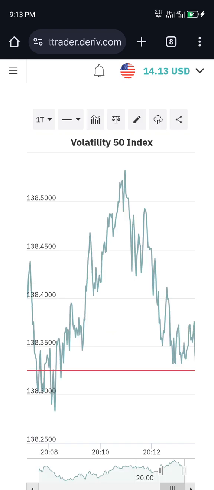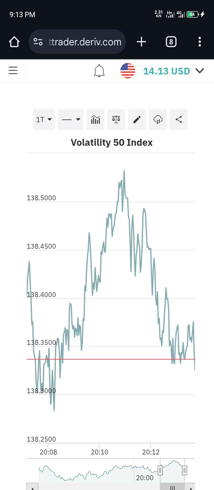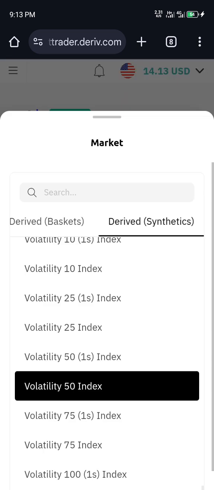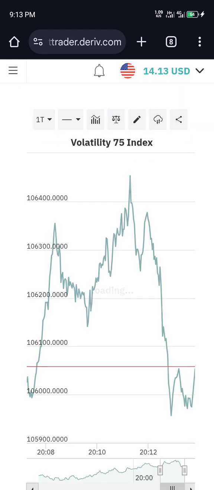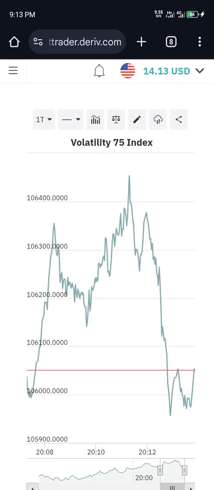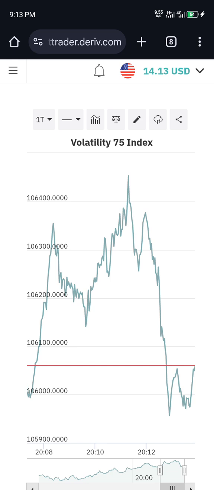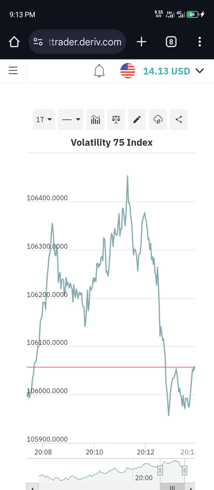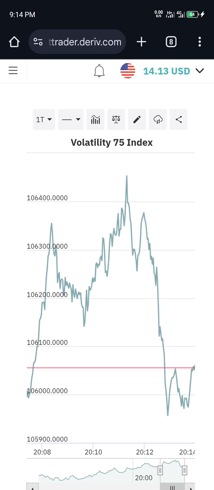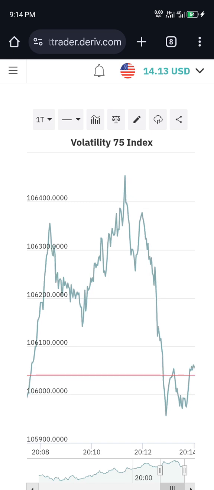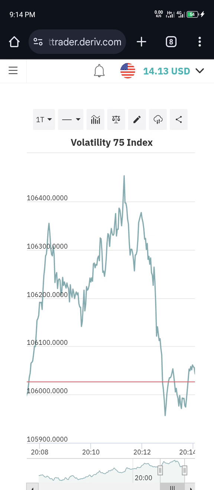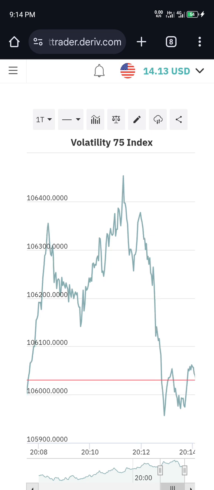But the spike is too much, so I changed the market there. I check 75. I need to see a very smooth line chart representing a market before I move to attach my preset indicator and set up.